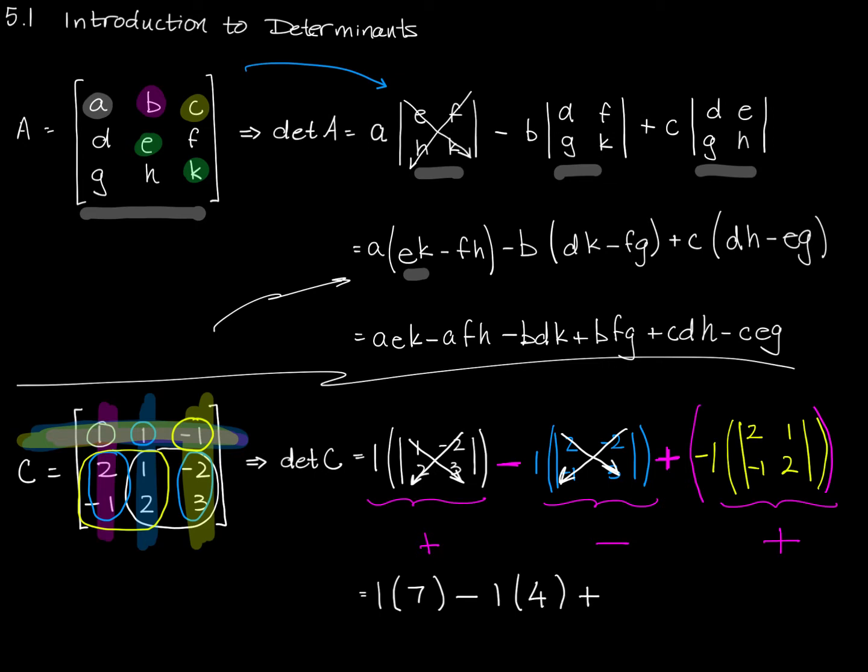And then I'm going to add -1 times 4 minus -1, or 4 plus 1, and that's 5. That's going to give me 7 minus 4, which is 3, minus 5, which is -2. So the determinant of this 3 by 3 matrix is -2.